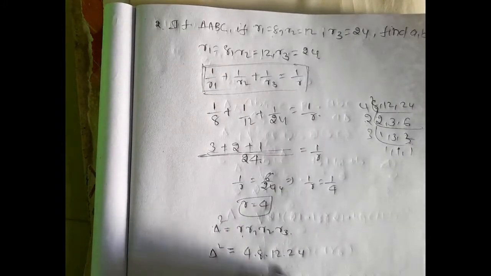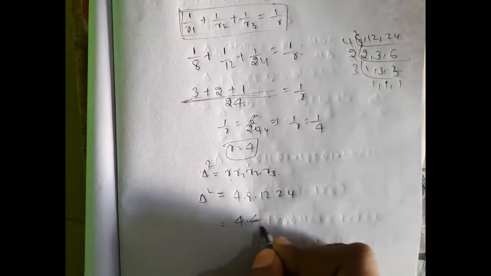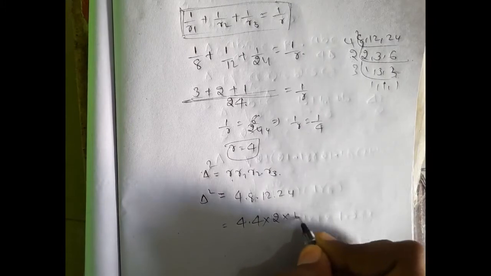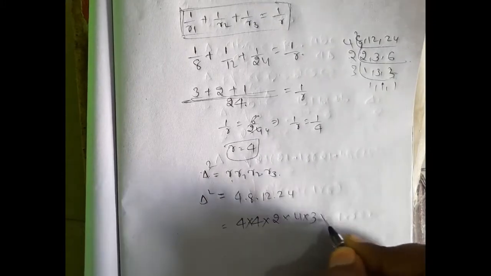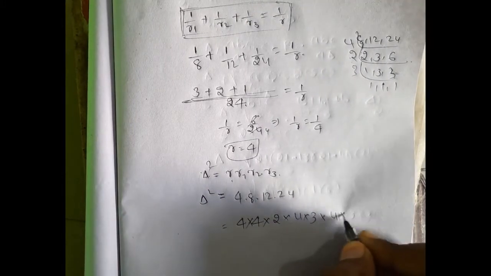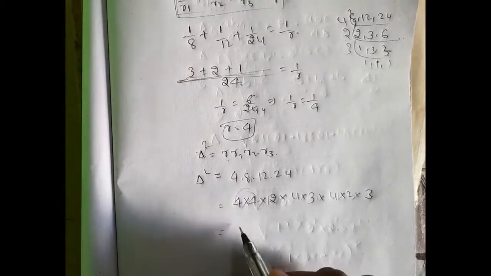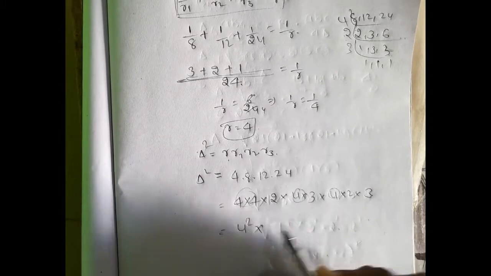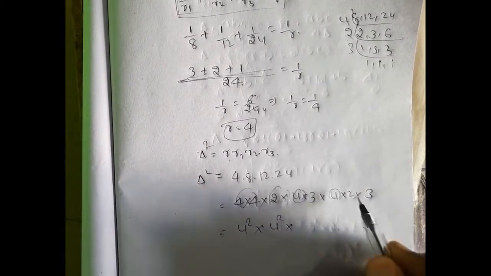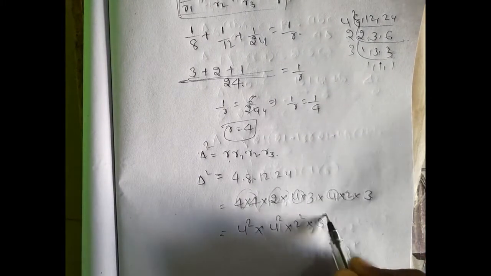Now, again delta square, writing this in the form 4 into 2 into 4 into 3 into 4 into 2 into 3. Okay, now 4 square, 4 square, 2 square into 3 square.